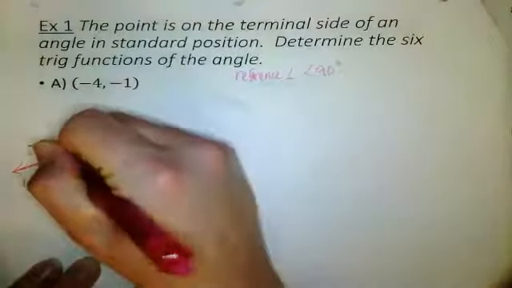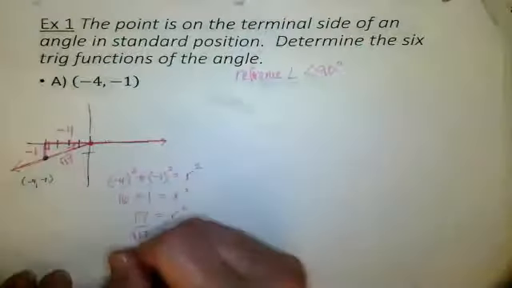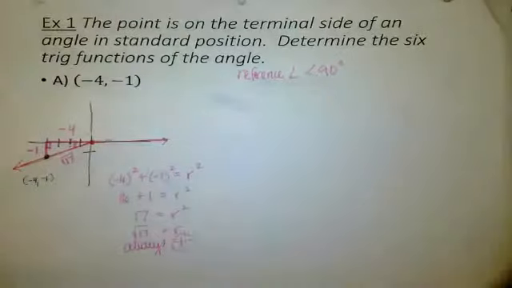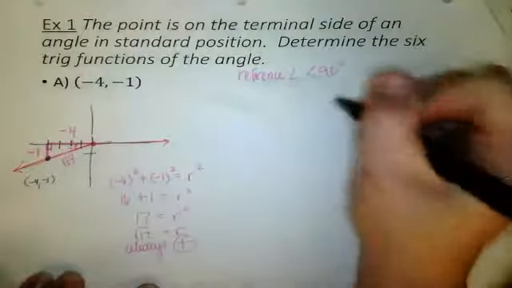Now, the radius is always positive. And it's always positive because it is still a radius of a circle, okay, which is kind of weird, I know, but the hypotenuse is always going to be positive despite the fact that the legs might be in negative values. Once we find the third side, then we can figure out all 6 trig functions.